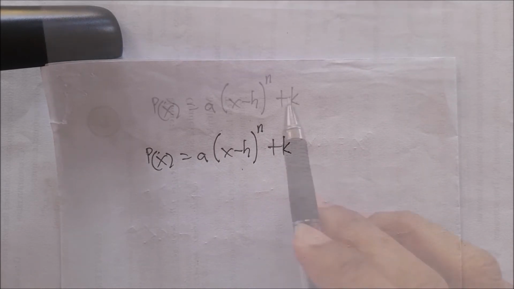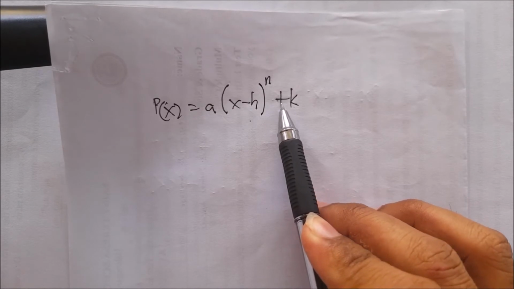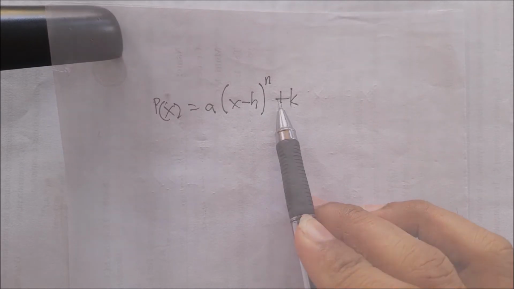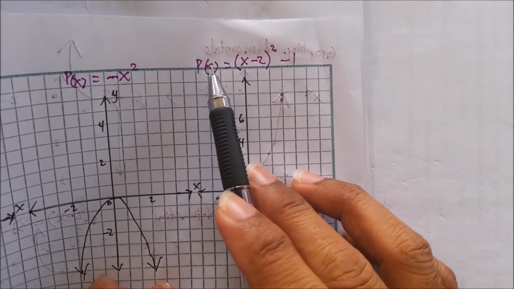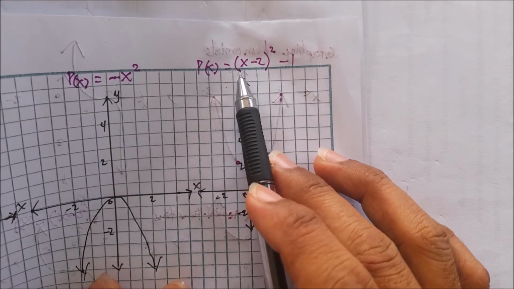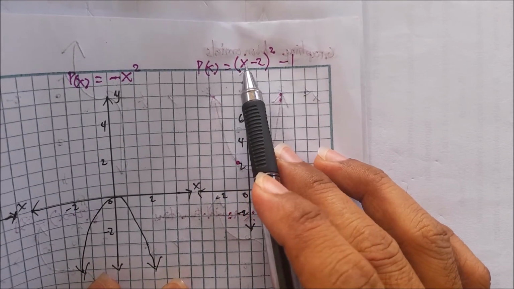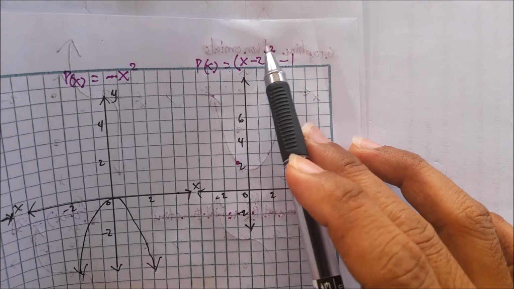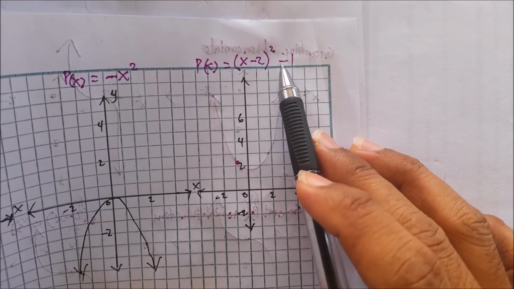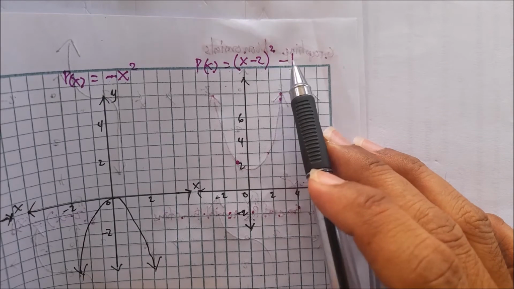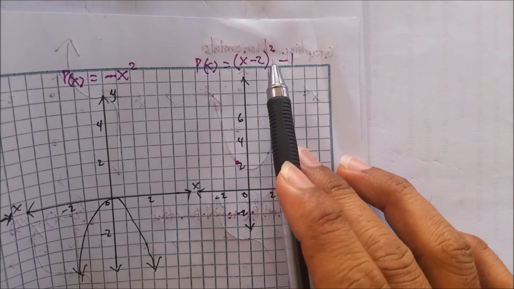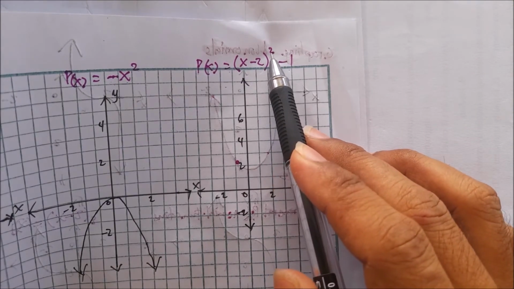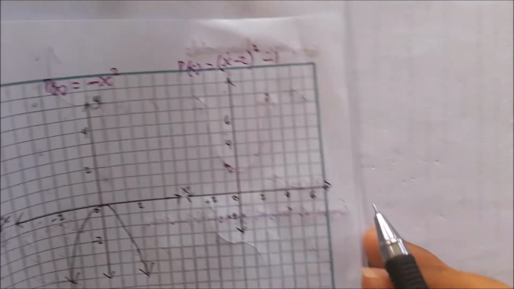Now, what is the form of the graph? If the constant is positive, and if the constant is negative. For example, here the given is p of x equals open parenthesis, x minus 2, close parenthesis, raised to 2, minus 1. The constant k is negative, and the exponent of 2 is an even number. The form of the graph is upward.